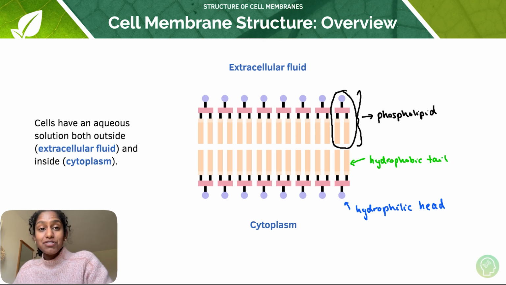Quite naturally, our hydrophilic heads, which are water-loving, are going to be facing the side where the water is, i.e. where the cytoplasm and the extracellular fluid are. Whereas our hydrophobic tails are water-hating, so they're going to hide away from our extracellular fluid and cytoplasm. So they're going to be tucked inside of this layer here. You can see that our hydrophobic tails are tucked inside nicely here, away from our extracellular fluid and our cytoplasm.